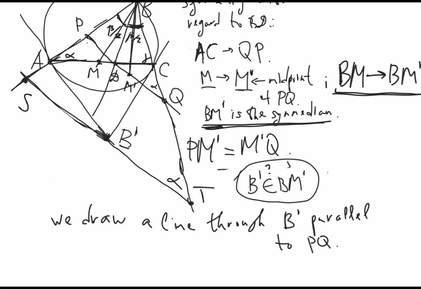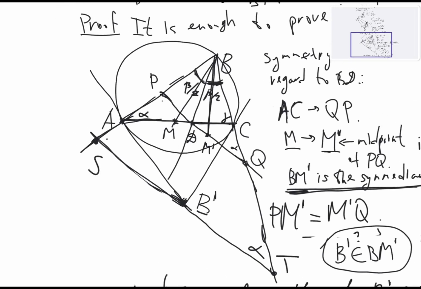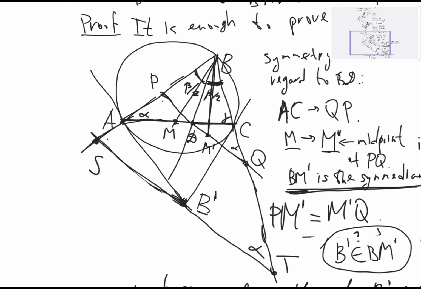Because ST is parallel to PQ by construction, because of this parallelness, this angle is also alpha. And this angle would be equal to this angle, which is gamma.